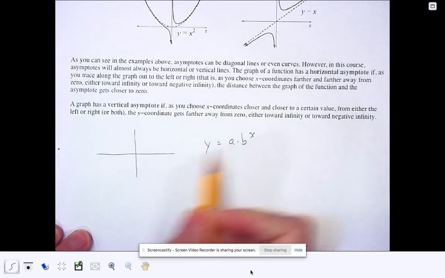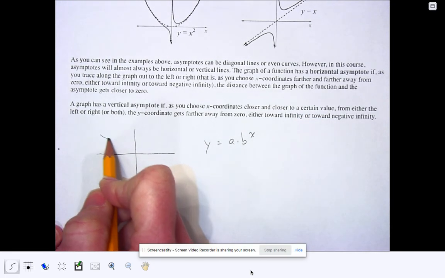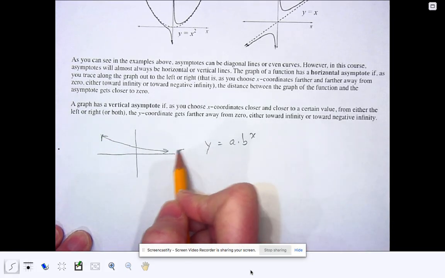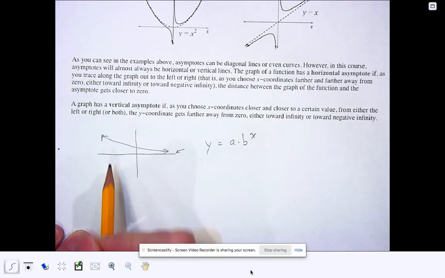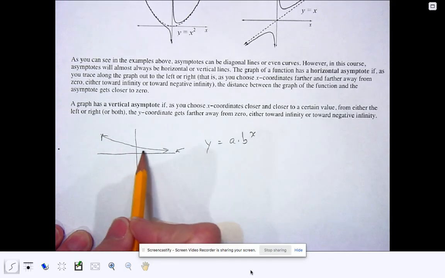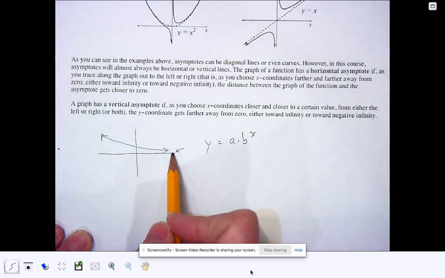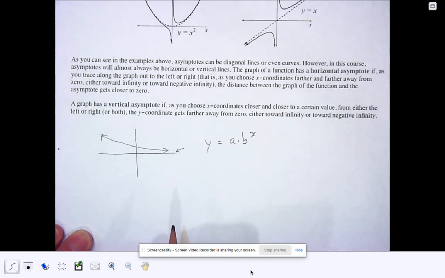If a is positive, it's going to have an asymptote at the x-axis, meaning it's going to get infinitely close to it as we get larger and larger, but it's never going to touch it.